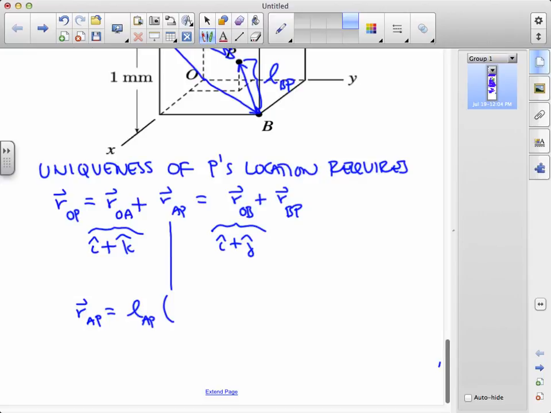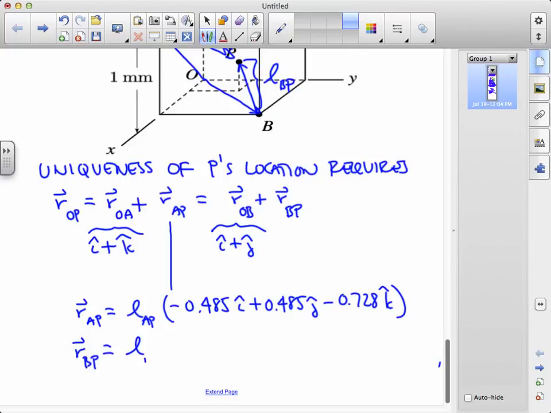So this is minus 0.485 in I plus 0.485 in J and minus 0.728 in K. Similarly, for RBP, we can write that as a distance we also don't know, the length from B to P, on a unit vector whose components we do know.